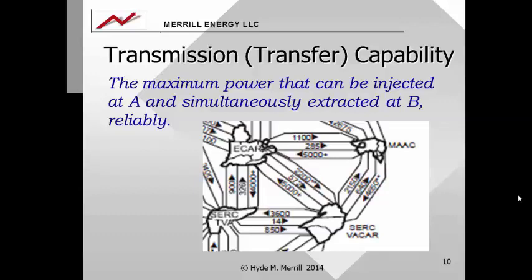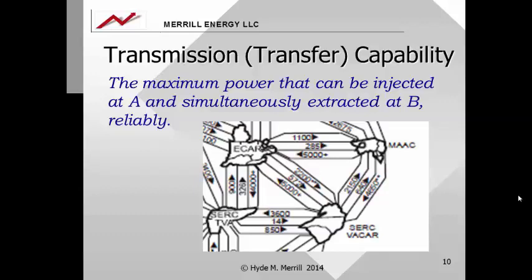Each pair of areas has three numbers associated with it. The center of the three numbers are the base case transfers of power from one area to the other, given the assumptions of the study.